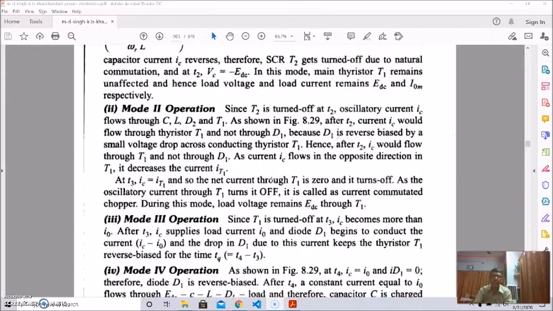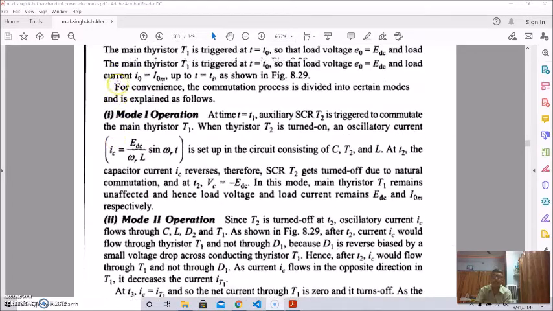In mode 2, since T2 is turned off at the time small T2, the oscillatory current IC flows through C, L, D2 and T1.